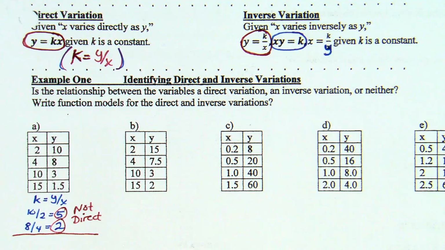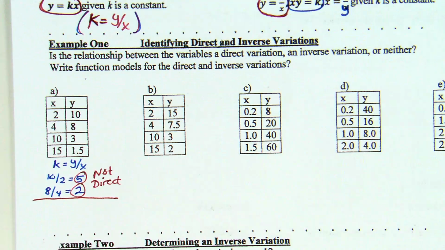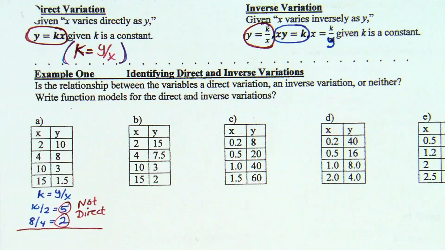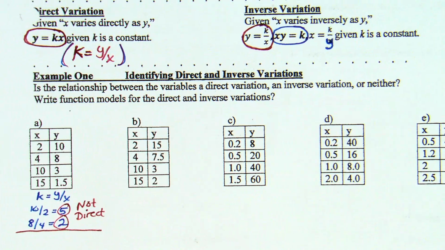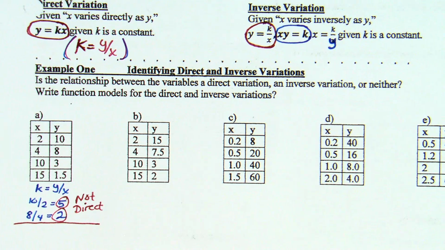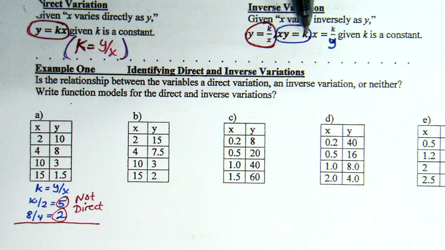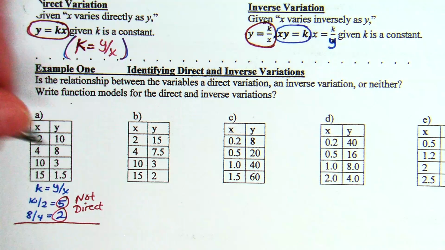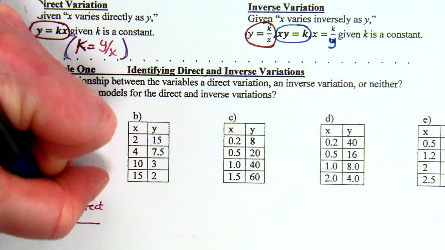That's what I know at this point. Am I done? Now, what should I check now? Inverse. What should be true if it's inverse variation? If it's inverse, k is found by doing what? Multiplying. So let's try multiplying, k equals x times y.